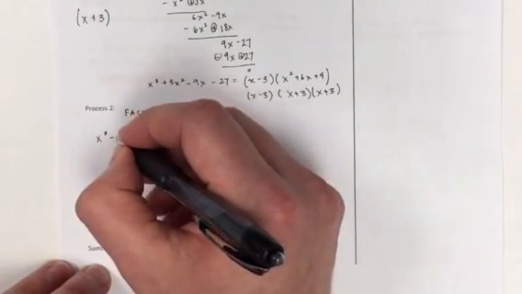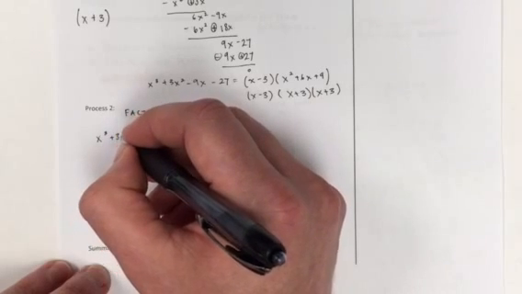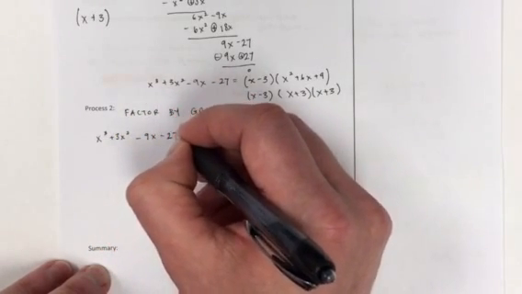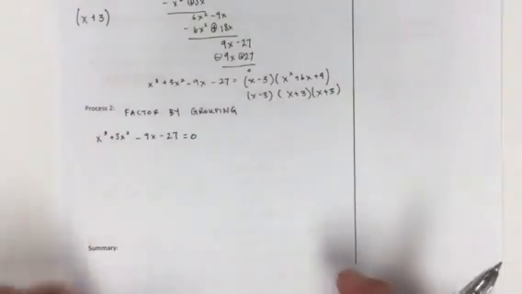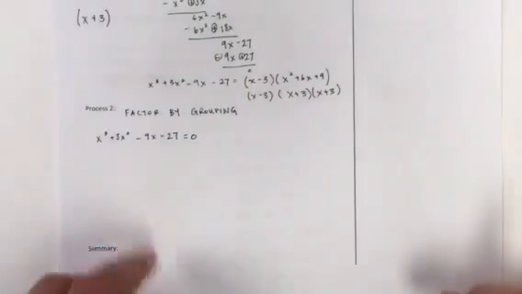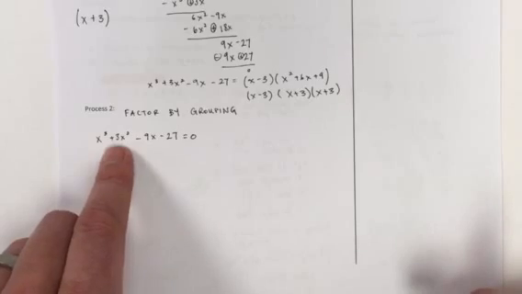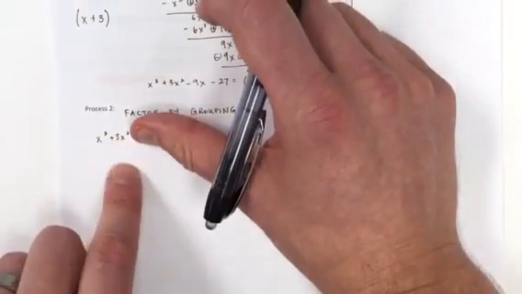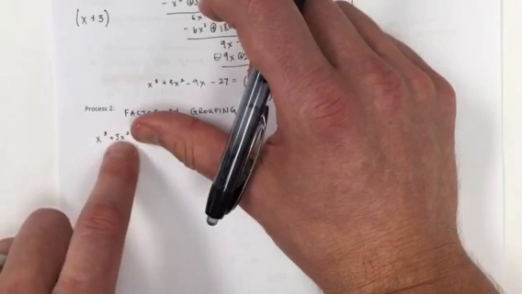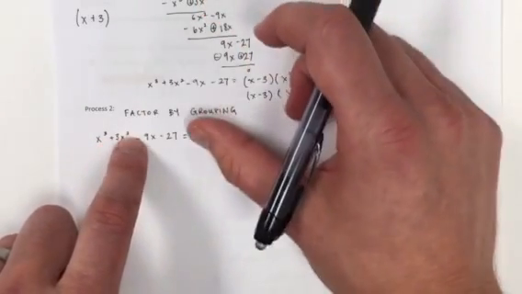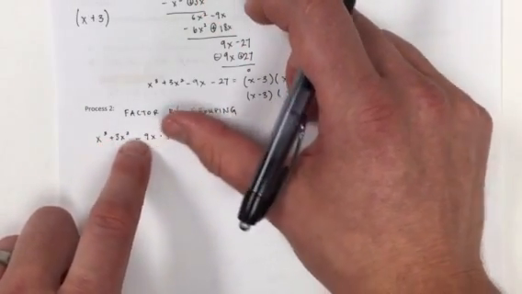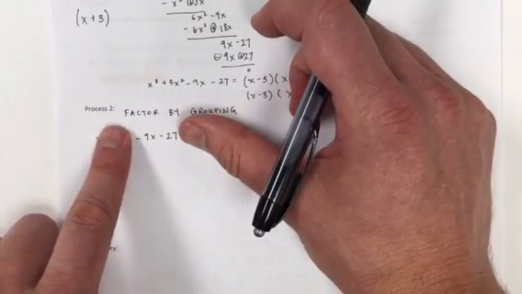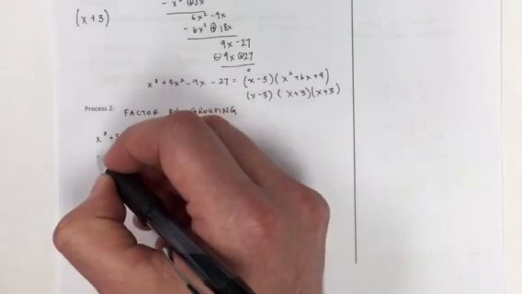So x cubed plus 3x squared minus 9x minus 27 equals 0. I noticed that there are GCFs littered within this. If I look just at the first part here, these both have x squared. And for the next part, both of these have a negative 9 in them. And if I factor those out, you just try it.